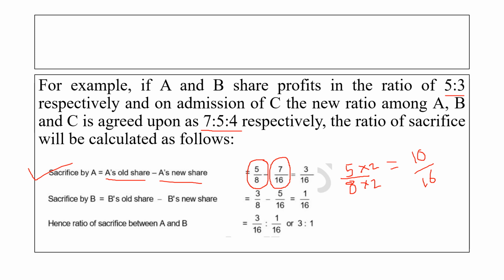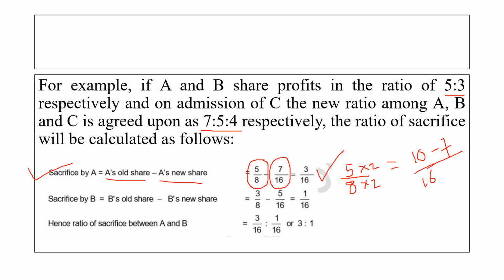Here we have to make the denominator the same, so we multiply 5 by 2 and 8 by 2. The answer is 10/16. When we subtract 7 from 10, we get 3. That means the sacrifice of A is 3/16.